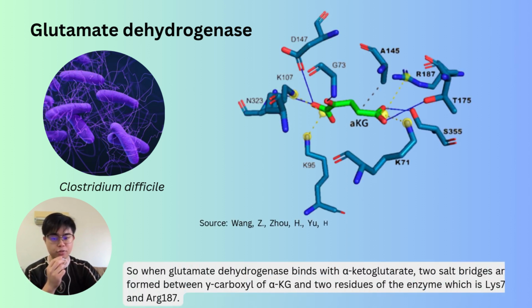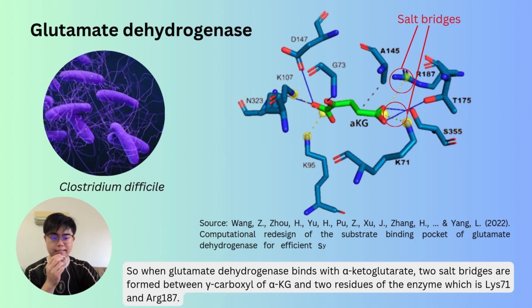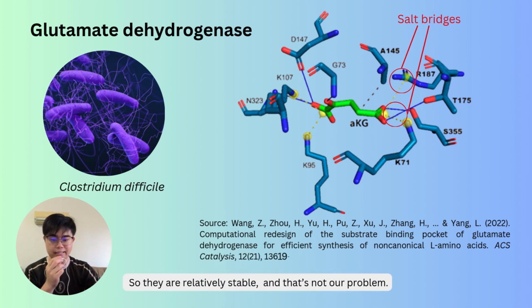When glutamate dehydrogenase binds with alpha-ketoglutarate, two salt bridges are formed between the gamma carboxyl of alpha-ketoglutarate and two residues of the enzyme, which are lysine at position 71 and arginine at position 187. So they are relatively stable, and that is not our problem.